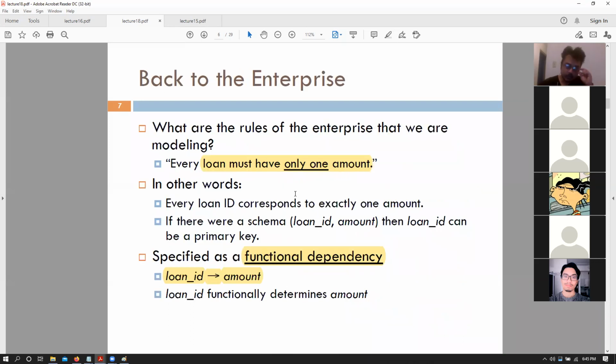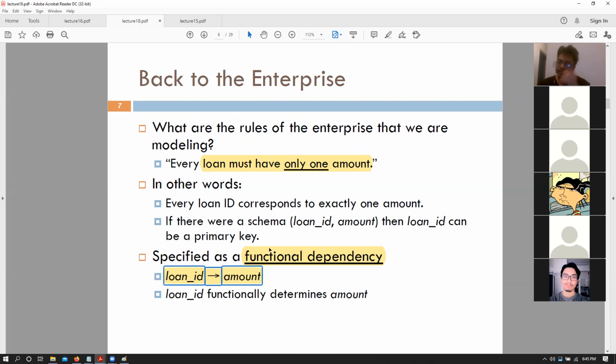So basically what we want is every loan must have only one amount, and that is what we call a functional dependency. Because every loan will have a single amount, we can say that amount depends directly upon loan ID, right?